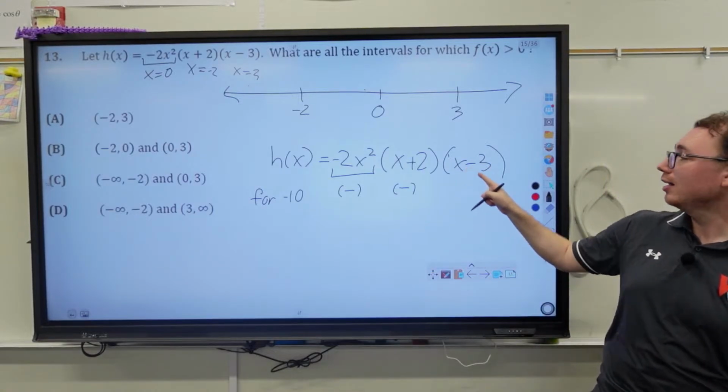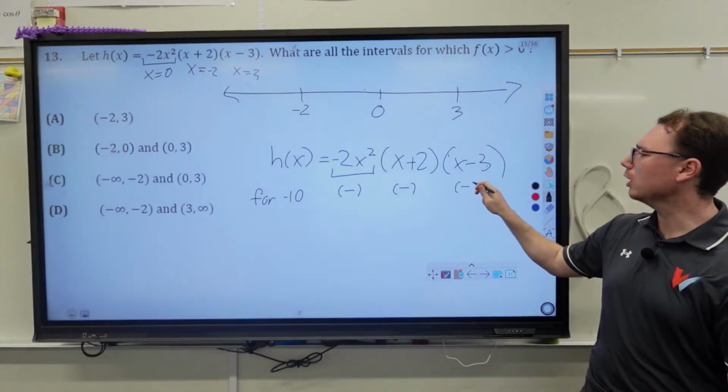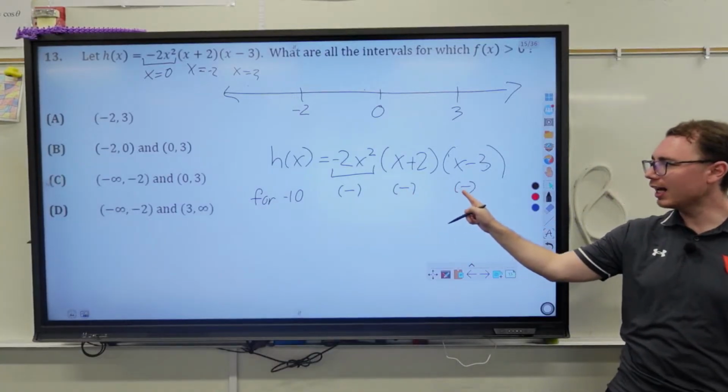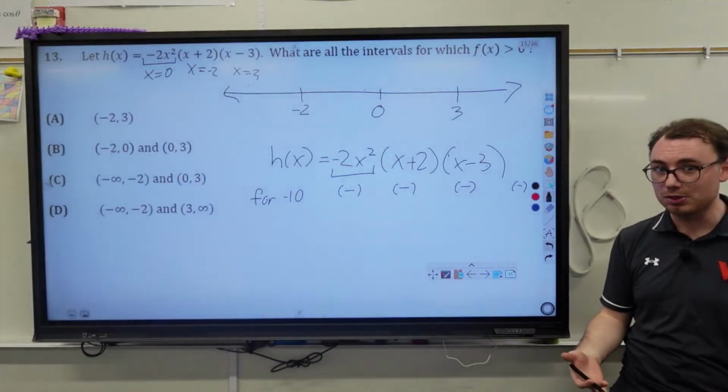Same thing for this one, -10 minus 3 would be -13, or really just some negative number. A negative times a negative times a negative is going to give us a negative as the end result.